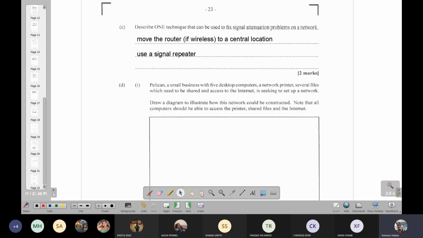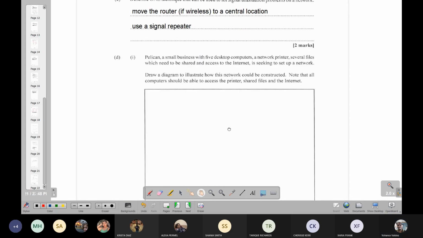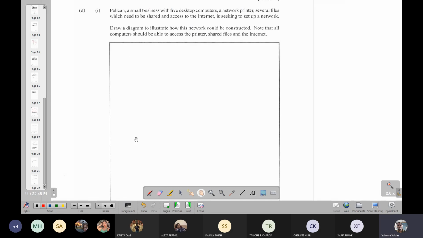Telecom, a small business with 5 desktop computers, a network printer, several files which need to be shared, and access to the internet is seeking to set up a network. Draw a diagram to illustrate how this network could be constructed. Note that all computers should be able to access the printer, shared files, and the internet.